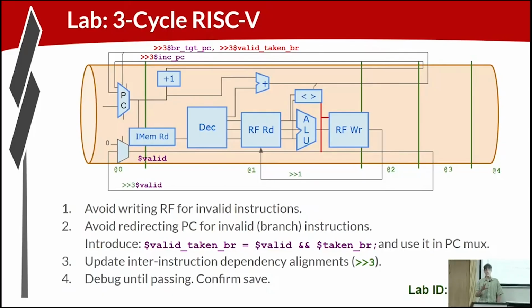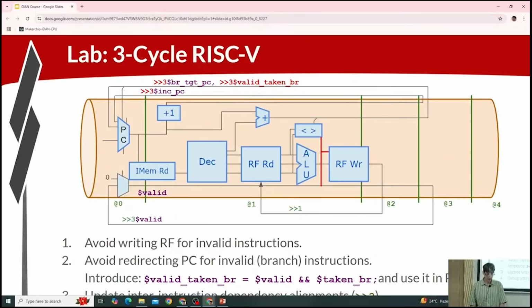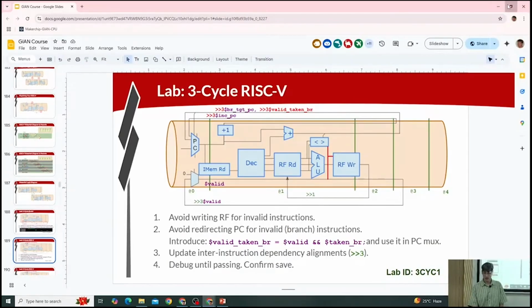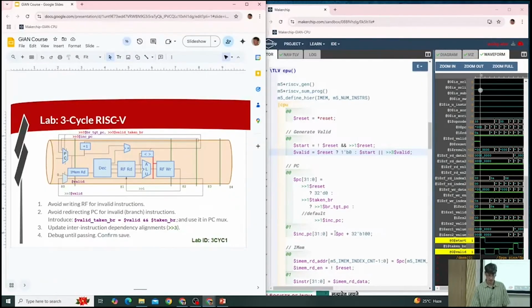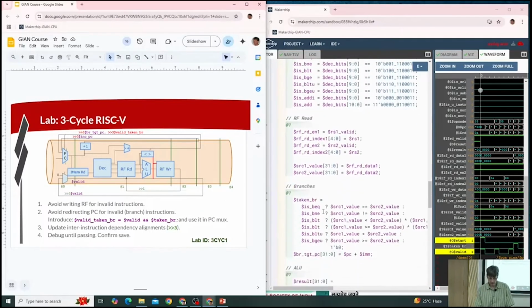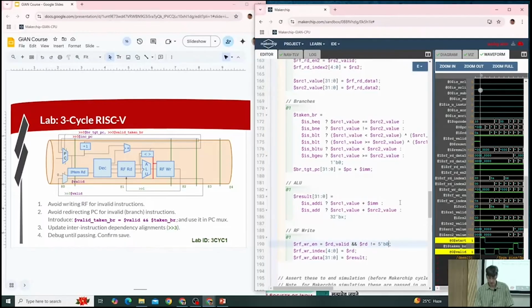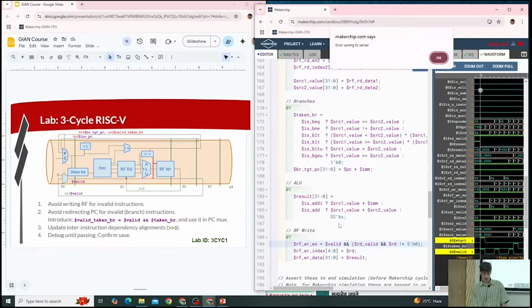Okay, so I think most of you are done. I'll start walking through it myself while you finish up. So step 1 here is preventing the register file write for invalid instructions.